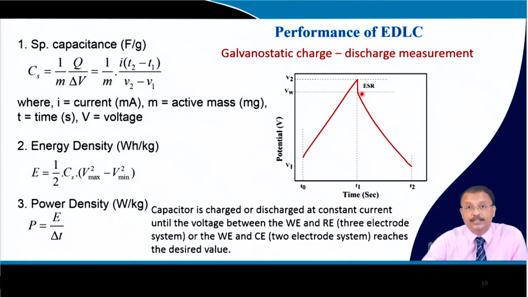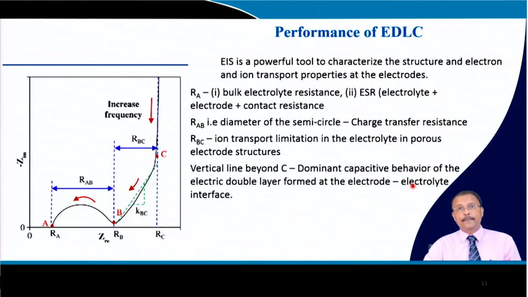So, this voltage selection is based on the linear sweep voltammetry which I introduced. Based on that you know what is the potential range that you will have to use for this kind of measurement. So, those are the characteristics that you want to measure in case of an electric double layer capacitor.